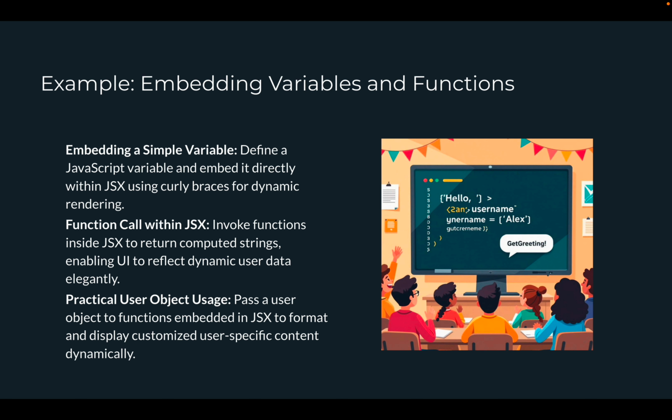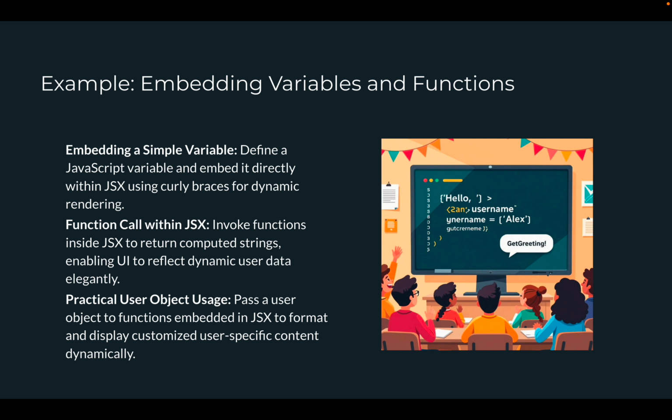Next, example: embedding variables and functions in JSX. Define a JavaScript variable and embed it directly within JSX using curly braces for dynamic rendering. Function call within JSX: invoke functions inside JSX to return computed strings, enabling the UI to reflect dynamic user data properly.